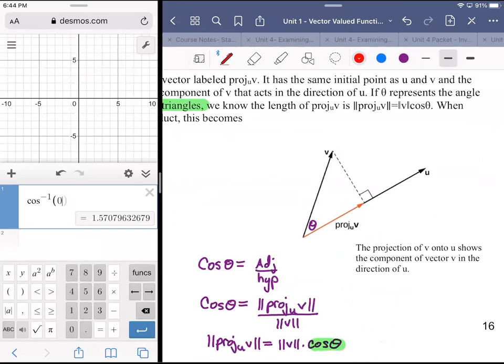So you would be saying the projection of v upon u is equal to the magnitude of v, multiplied by u dot v over the magnitudes, u times v. Now, the magnitude of v is the same top and bottom, so we get a nice little cancellation here. And so the magnitude of the projection is the dot product of u and v divided by the magnitude of u.